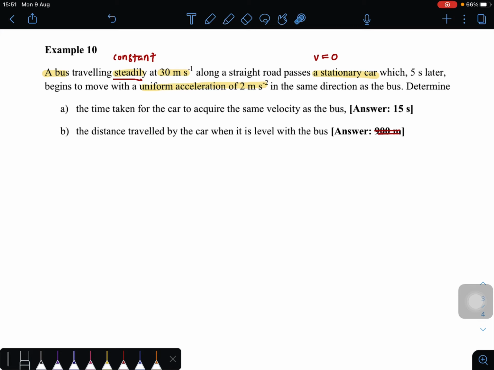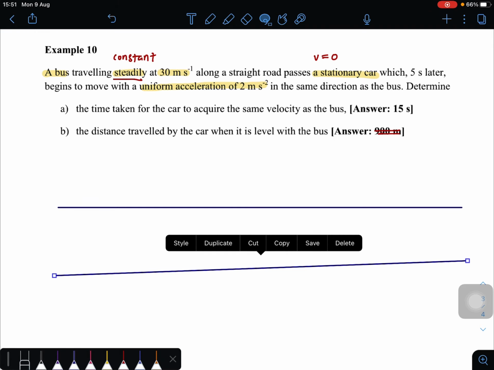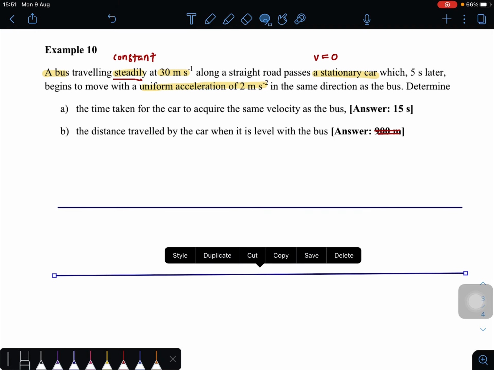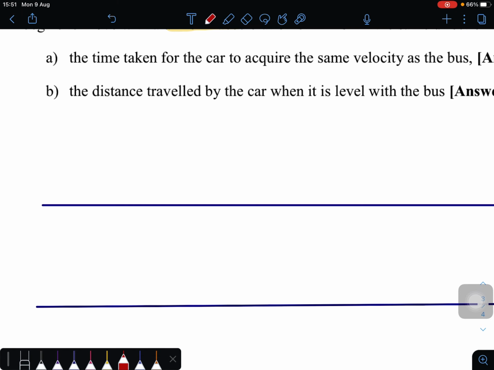Okay, first of all kita akan lukis so that it's easier for us to understand. Okay, so let's say this is the straight road di mana kita ada, okay, it's not that straight. Okay, so kita ada bus dekat sini. So let me draw the bus.